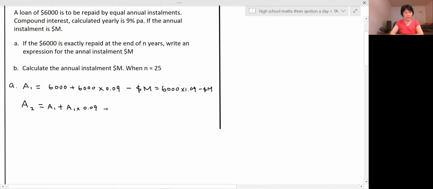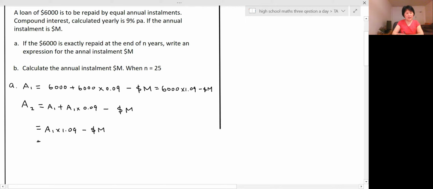Then take away at the end of the second year the installment payback, this one. Then this will be equal to this A1. I move the A1 outside, then times 1.09 minus $M.